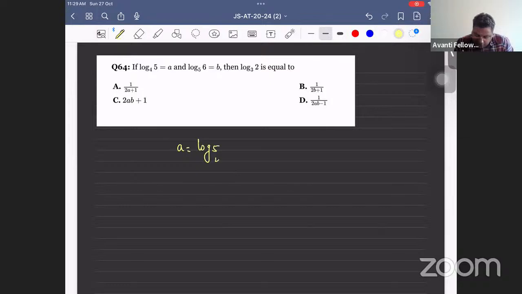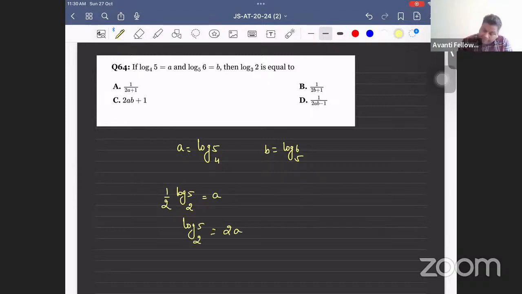Now, A is given to you as log 5 base 4 and B is given to you as log 6 base 5. They are asking for the value of log 2 base 3. All right. See, log 5 base 2, outside came 1 by 2, is equal to A. So log 5 base 2 is 2A.